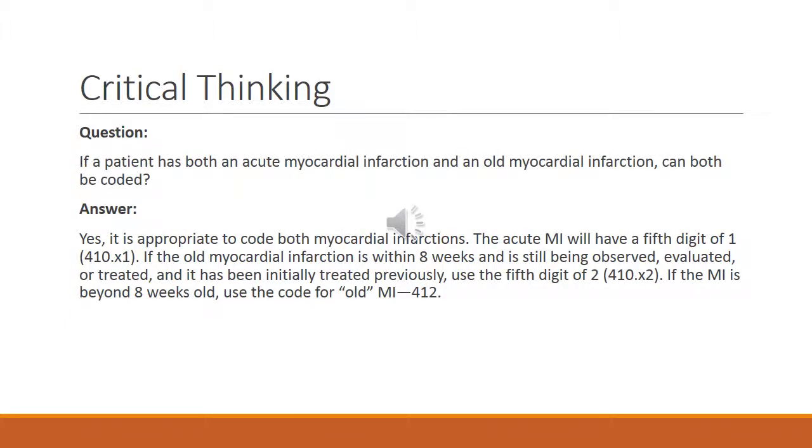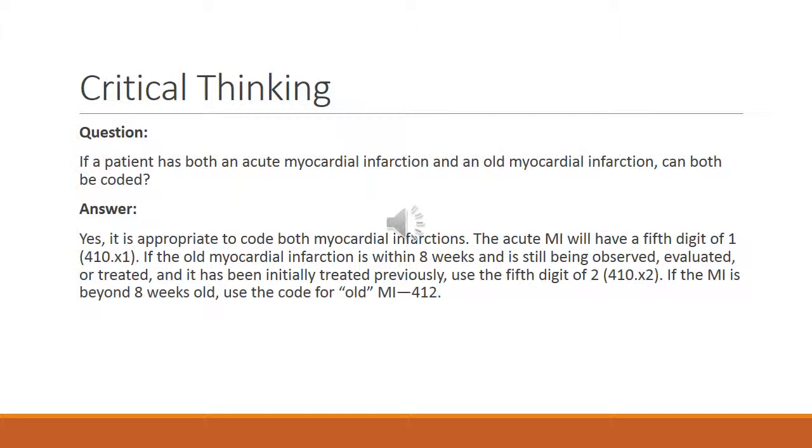Our next critical thinking question: if a patient has both acute myocardial infarction and an old myocardial infarction, can both be coded? And our answer is yes. It's appropriate to code both myocardial infarctions.